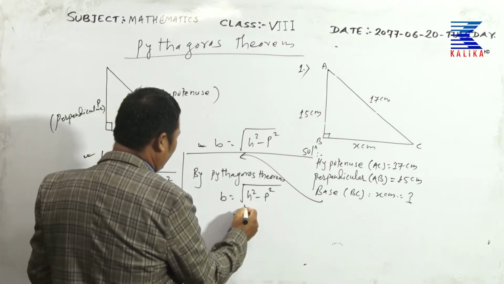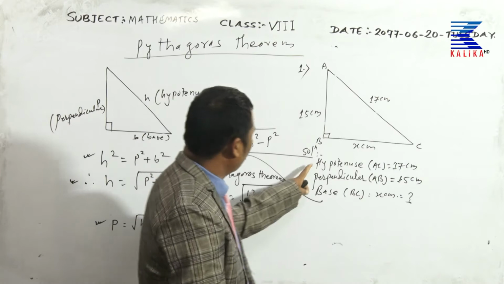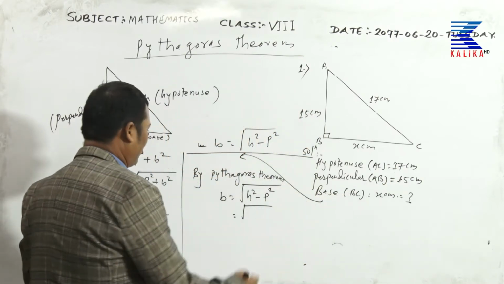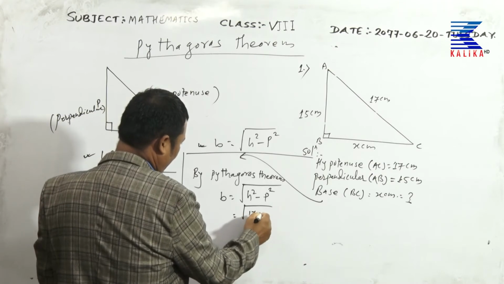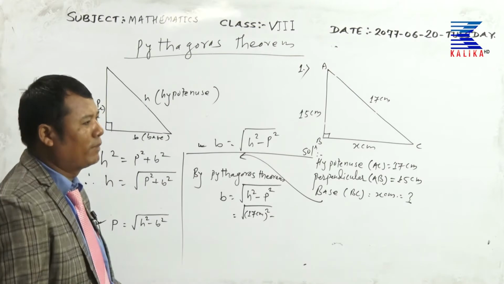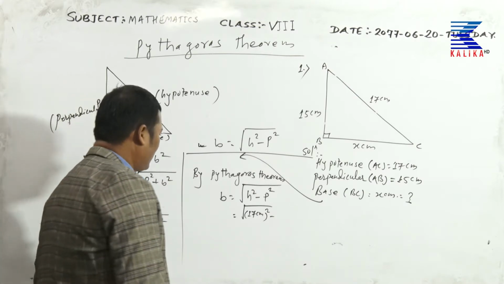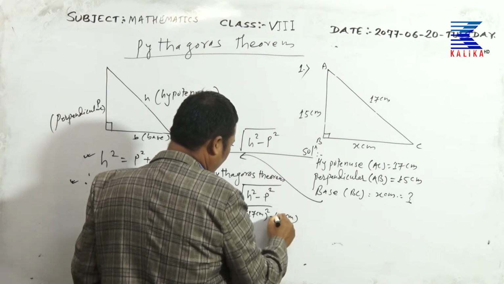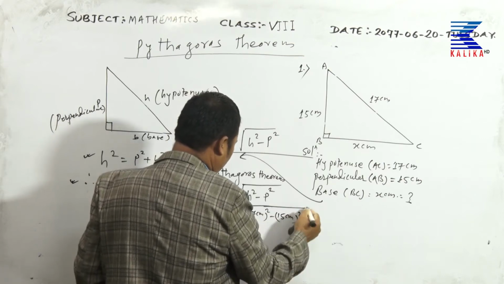What is h here? H is the hypotenuse, it is 17 cm, then whole square, minus perpendicular, which is 15 cm, then whole square.